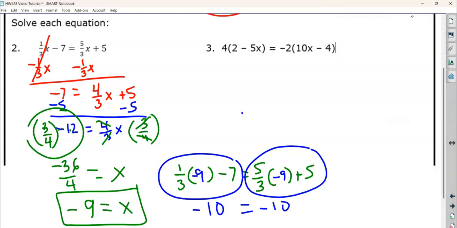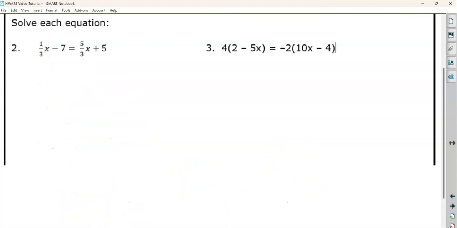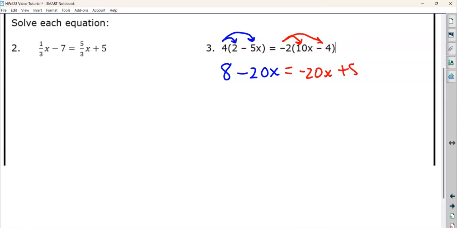Alright, let's take a look at the third question. Over here, I'm going to distribute twice. And over here, I'm going to distribute twice. I'm going to pause for a second.